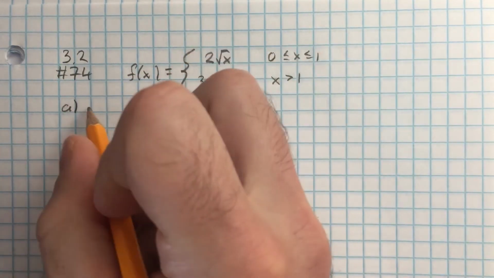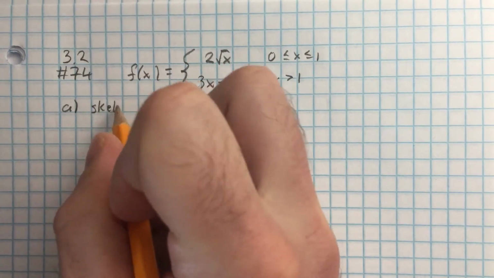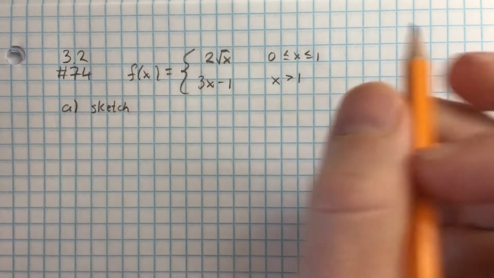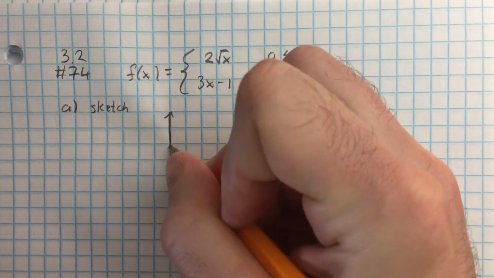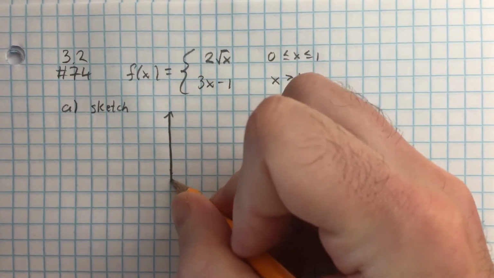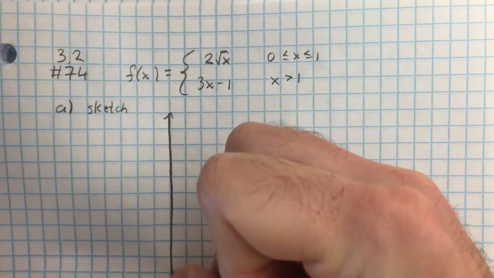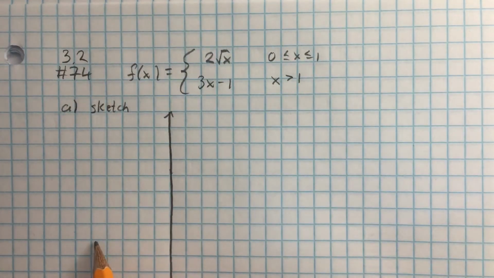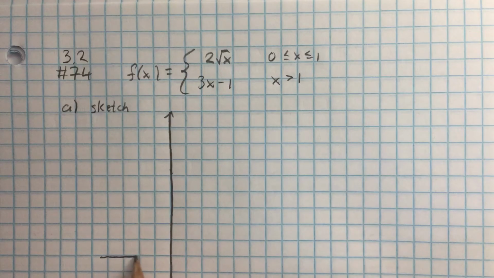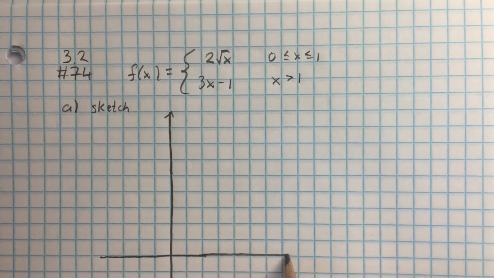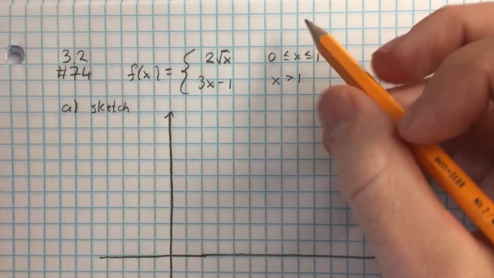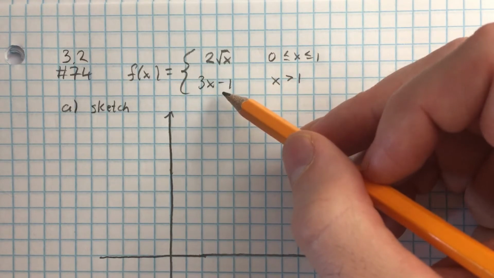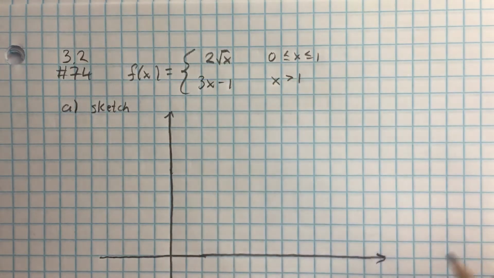And we're supposed to sketch a graph. So when we sketch this graph, the main thing they want us to note, it would seem to me, is that the function is continuous at this location 1, where it switches from acting like 2 root x to becoming 3x minus 1.